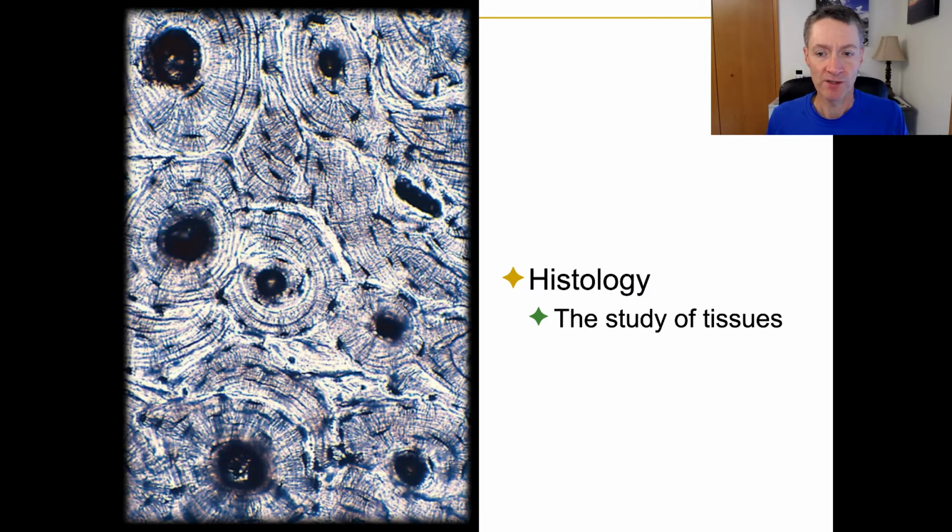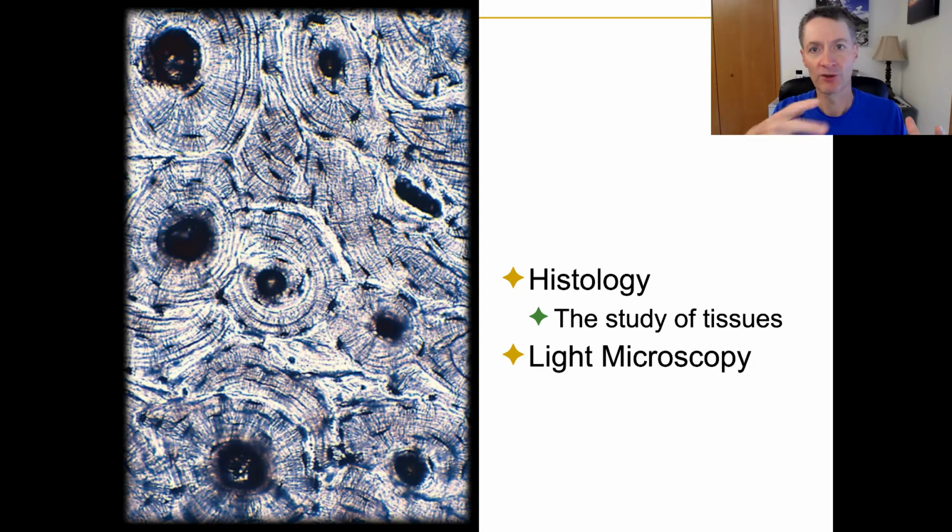So histology is the study of tissues, basic definition, and one of the very rudimentary ways of going about this would be to use light microscopy. Some of the very earliest microscopes, even starting with Van Leeuwenhoek, a gentleman who had a really rudimentary microscope, would use the light from his surroundings.